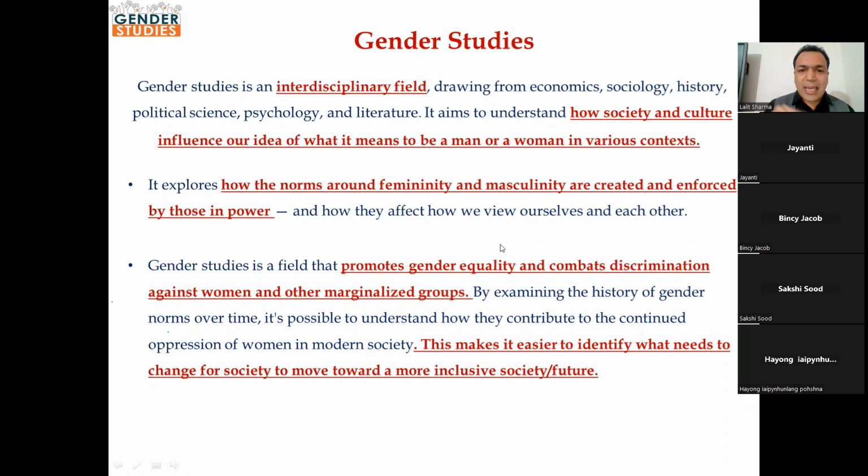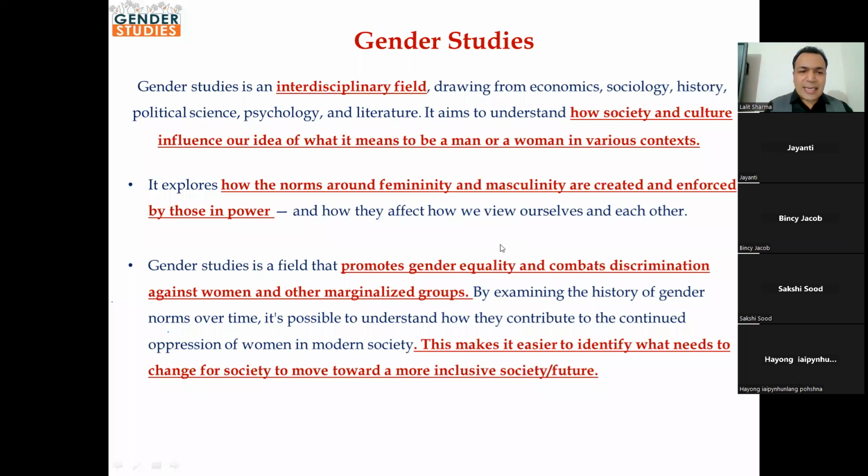And how they affect how we view ourselves and each other. Guys, gender study is a socially constructed term. Gender study is a socially constructed term, right? So it was enforced by those persons who were in power, right?